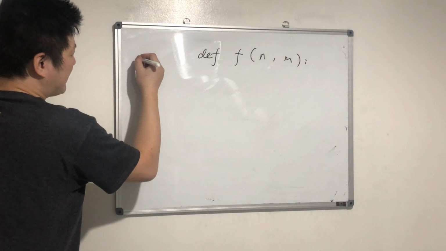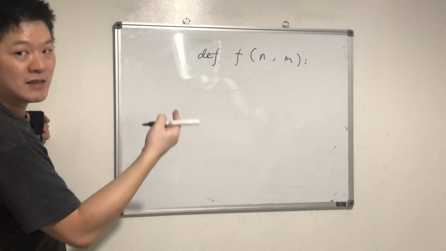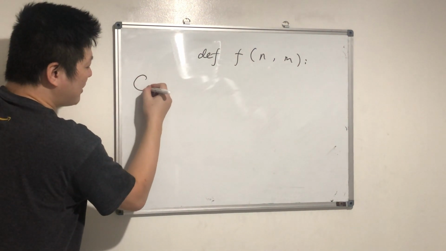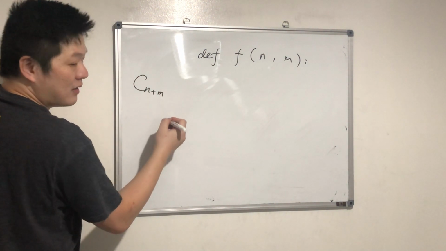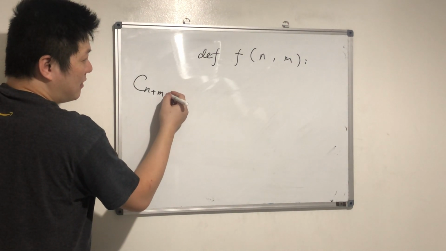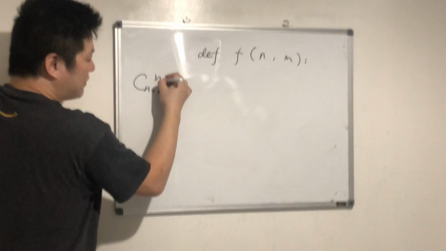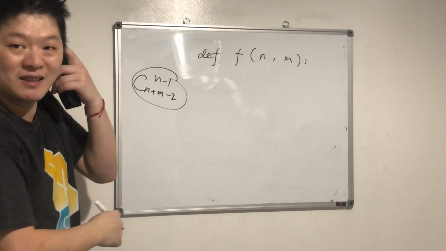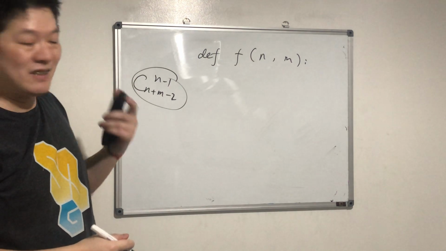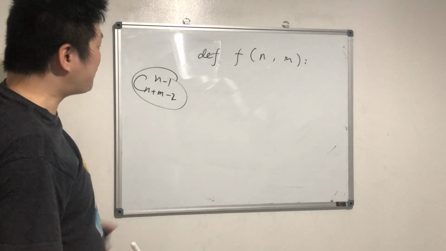Look at previously with n, the number of ways is what? We want to know C of n plus m minus 2, n minus 1. We want to calculate this number, yeah?